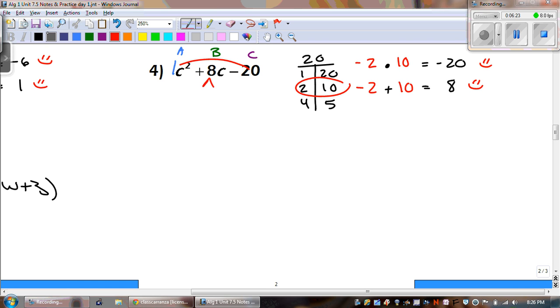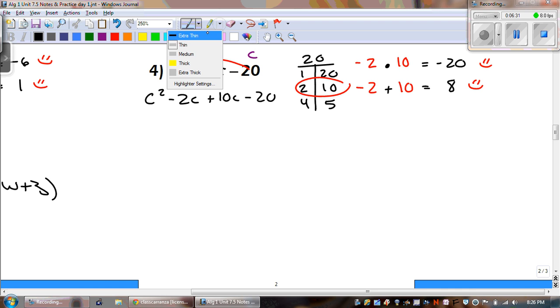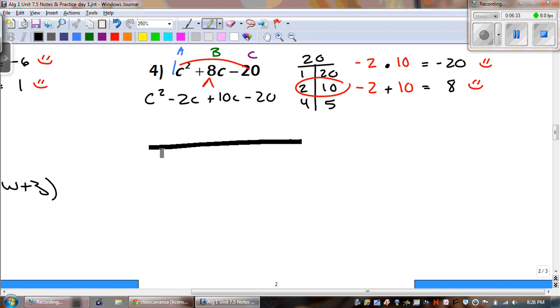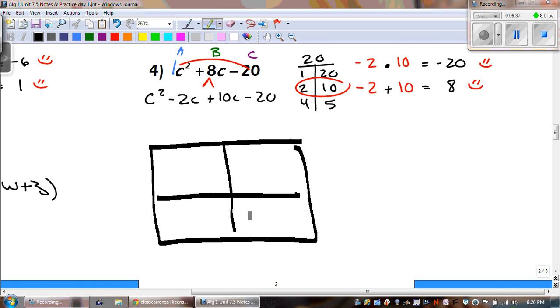So when you split the middle term, you get c squared minus 2c plus 10c minus 20. And now we do the box method. So we got c squared minus 2c plus 10c minus 20.